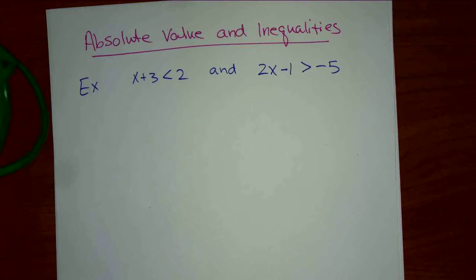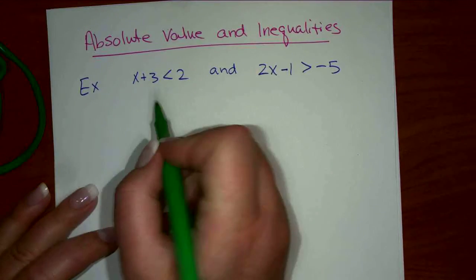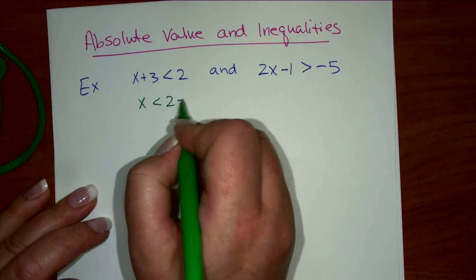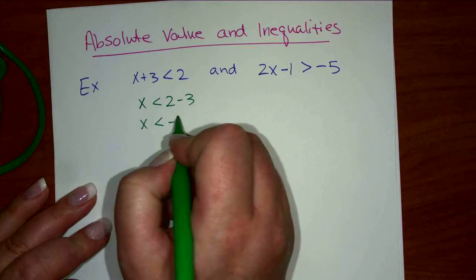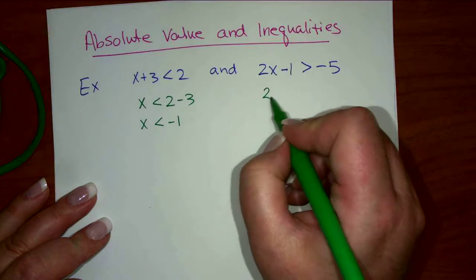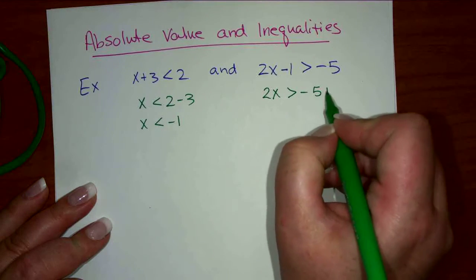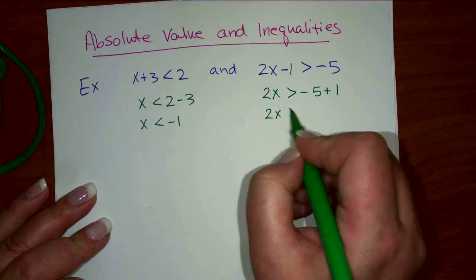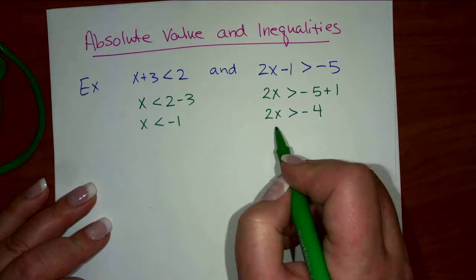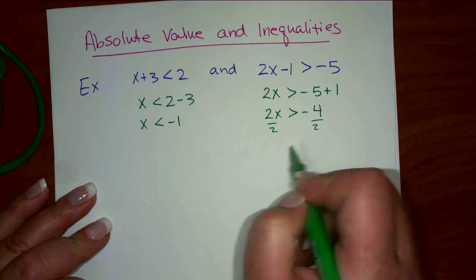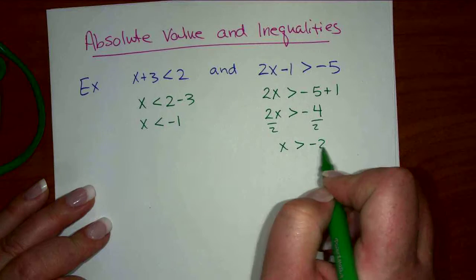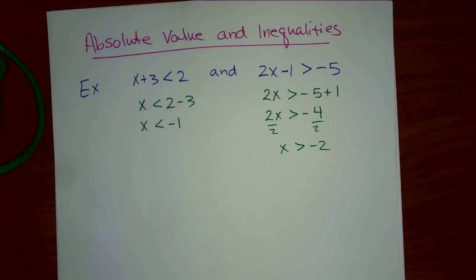So we solve each of these separately. And the other one, 2x greater than -5, plus 1. Okay, so we get our two answers.